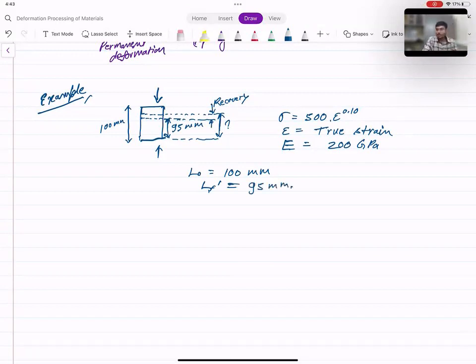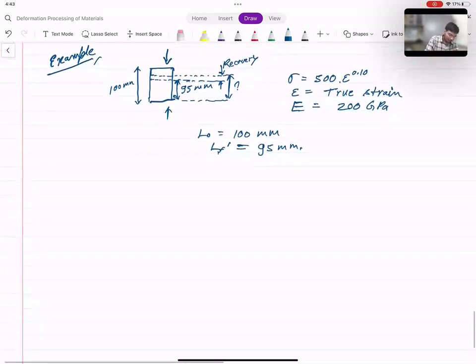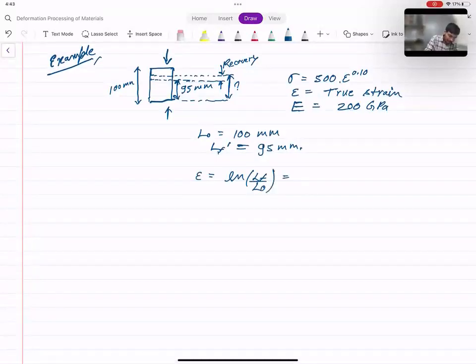In this case we can find the true strain for this particular first step. This will be nothing but ln of final length by initial length. Final length here is the temporary one. Final length is 95 and initial length is 100. This value comes out to be minus 0.051.